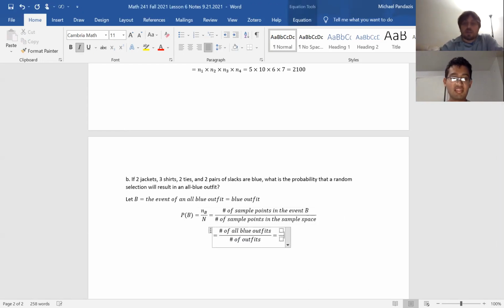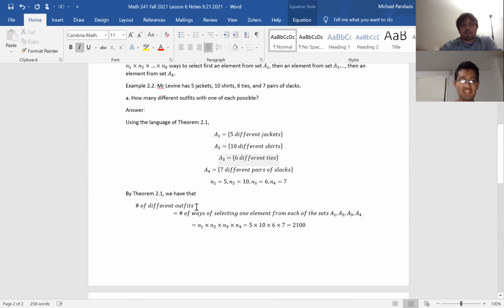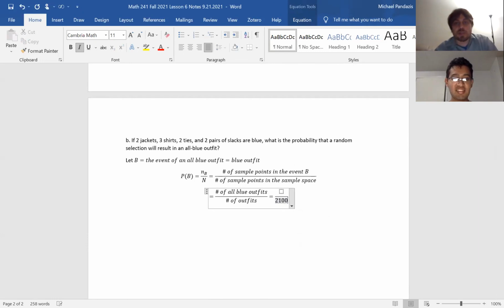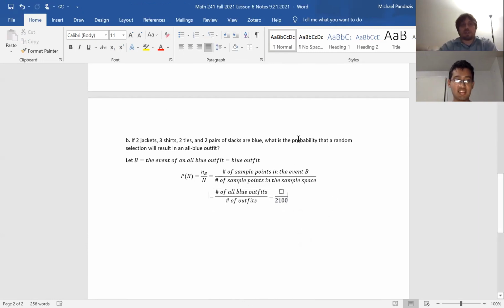Okay, well, filling in what we already know, the easiest thing, the denominator, the number of outfits, that was part A. The number of different outfits is equal to 2100. So the denominator is 2100. So the probability of getting an all blue outfit is the number of all blue outfits divided by the total number of outfits. Okay? Assuming each outfit is equally likely to be chosen, the number of all blue outfits divided by the total number of outfits is the probability of getting an all blue outfit.